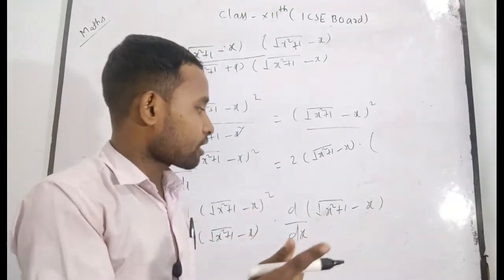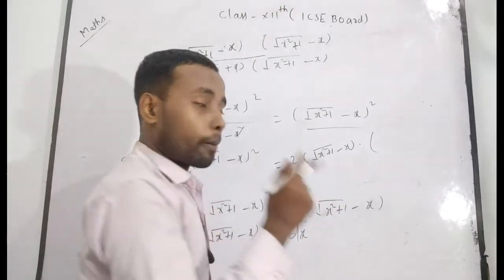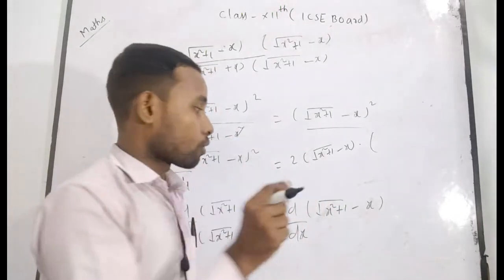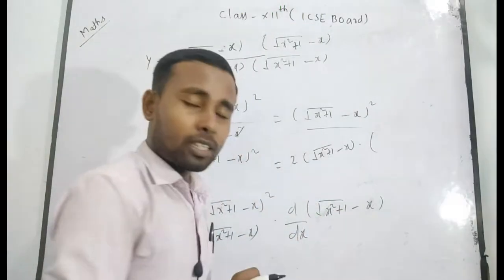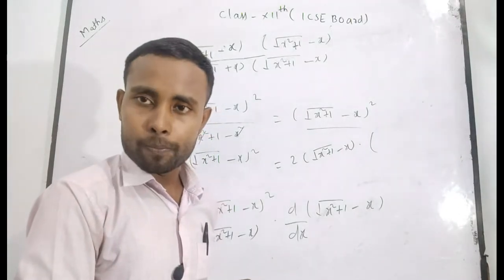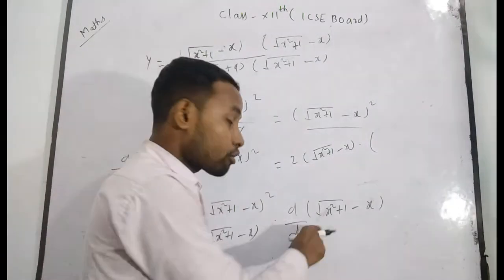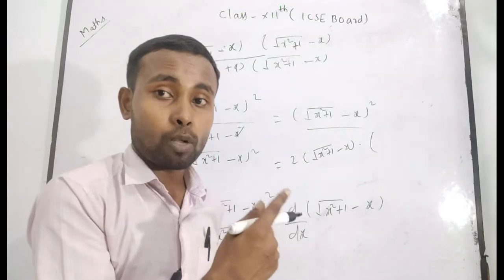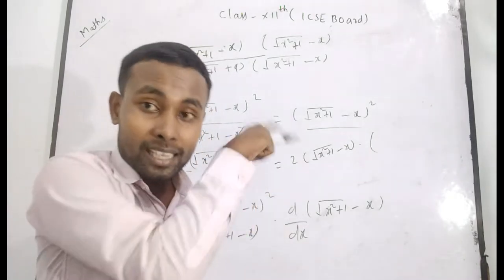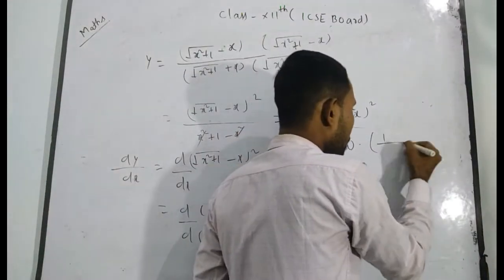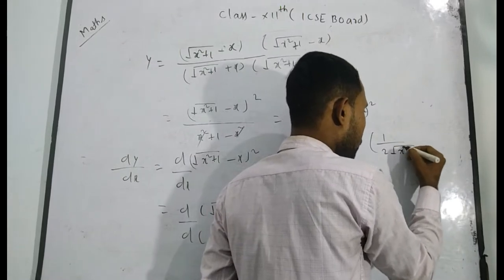Can you differentiate root under x square plus 1 with respect to x? No. First you have to differentiate root under x square plus 1 with respect to x square plus 1. In that case, it will be 1 upon 2 into root under x square plus 1.